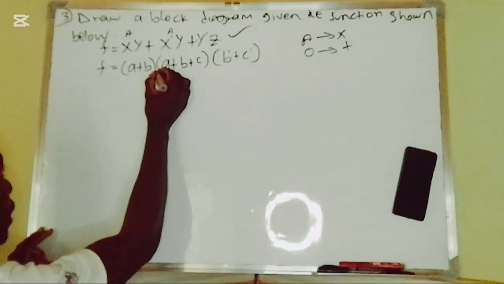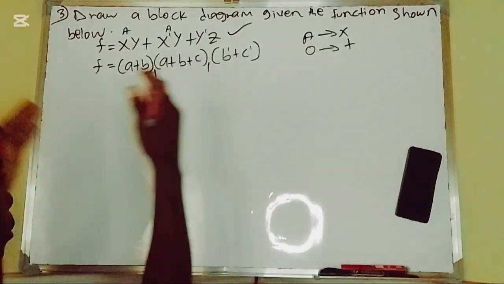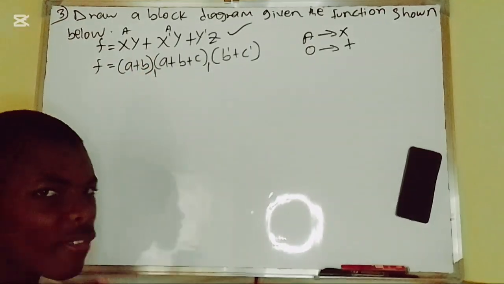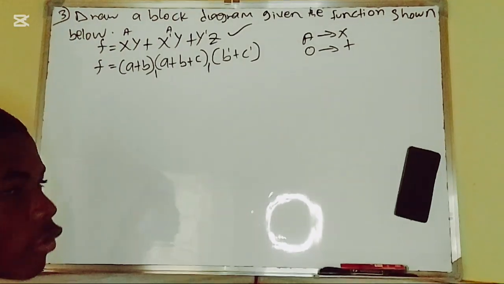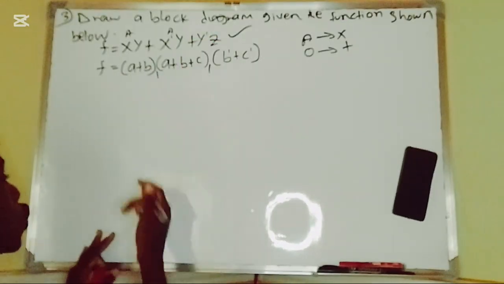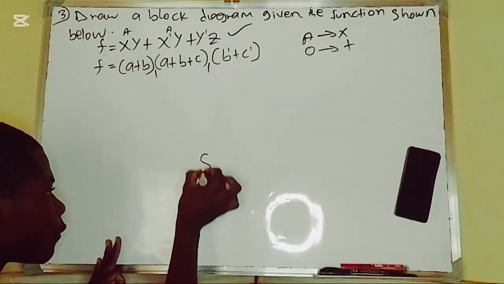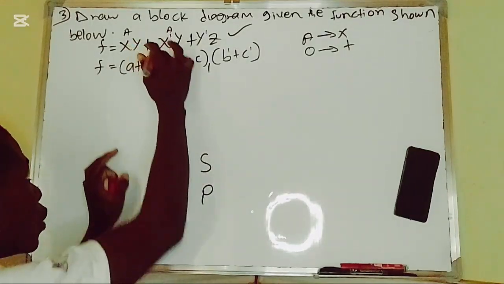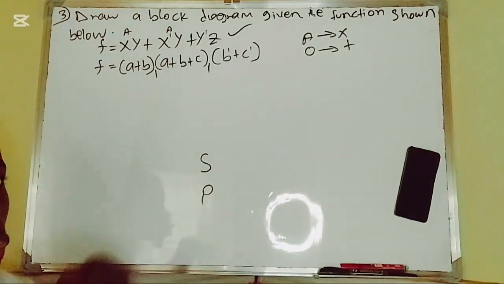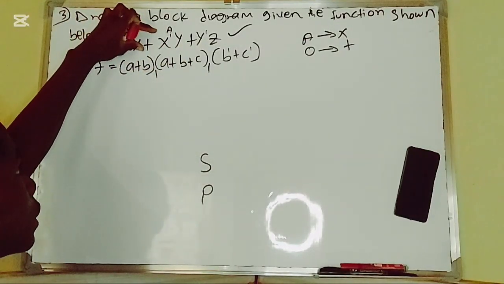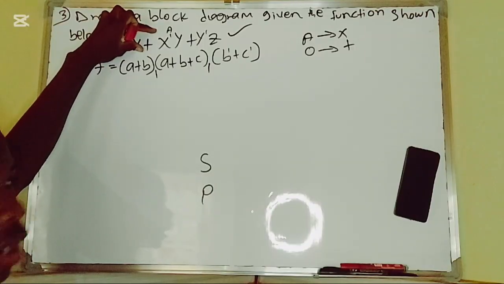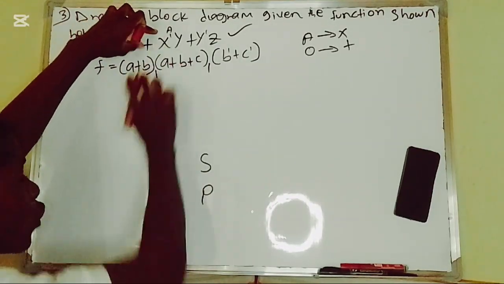There is one thing that I need to tell you. Between the variables, you have to check: is it addition or is it a product? Whenever you see addition, sum will come first. You have to look at the center of each of your variables.